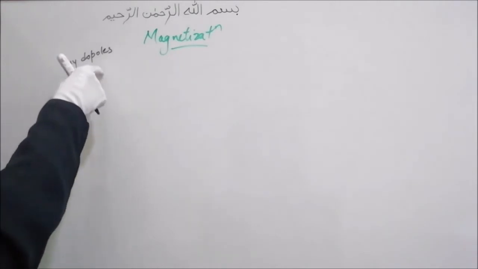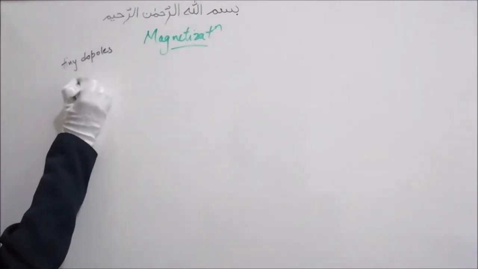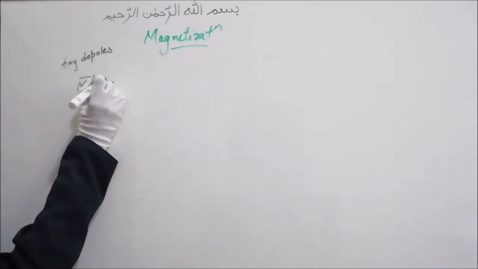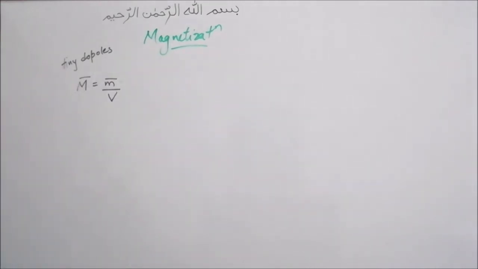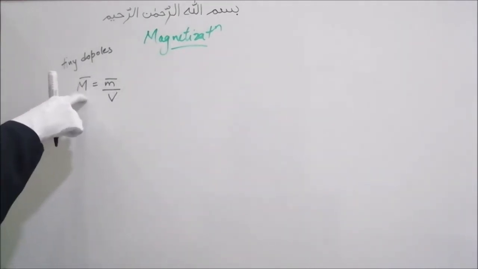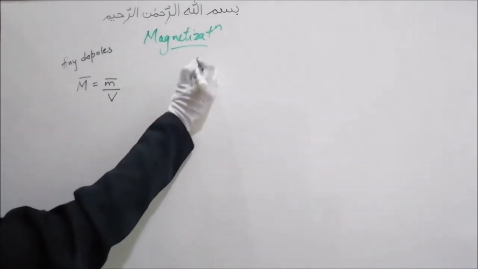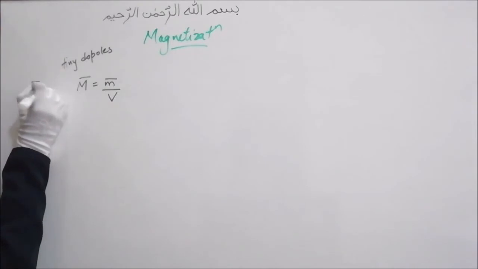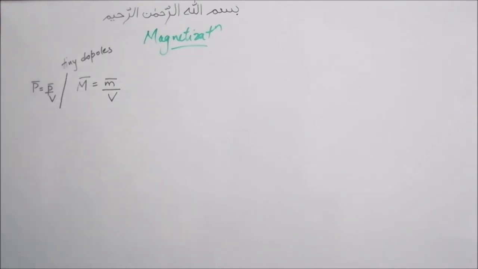And this we describe by magnetization, which is given by capital M, equal to the magnetic dipole moment per unit volume. This value depends on the material and it is a vector quantity. Just like how we saw in dielectrics that the polarization capital P was equal to electric dipole moment per unit volume.